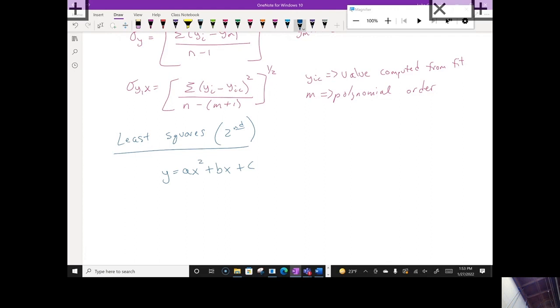ax squared plus bx plus c. Give me some examples where you see quadratic, so the quadratic equation. Anybody know? What about energy? Where do you see an x squared term in energy?